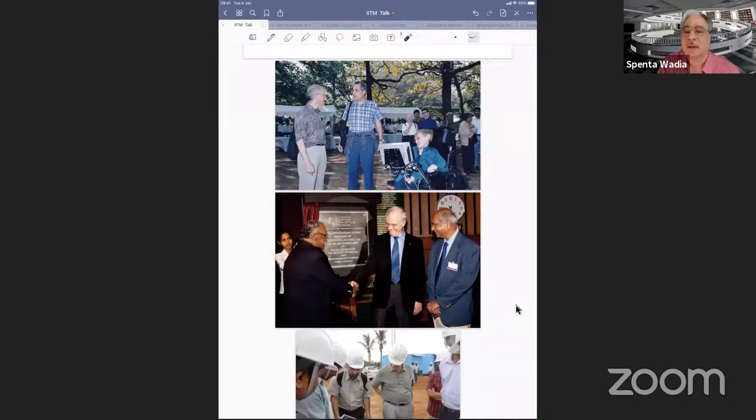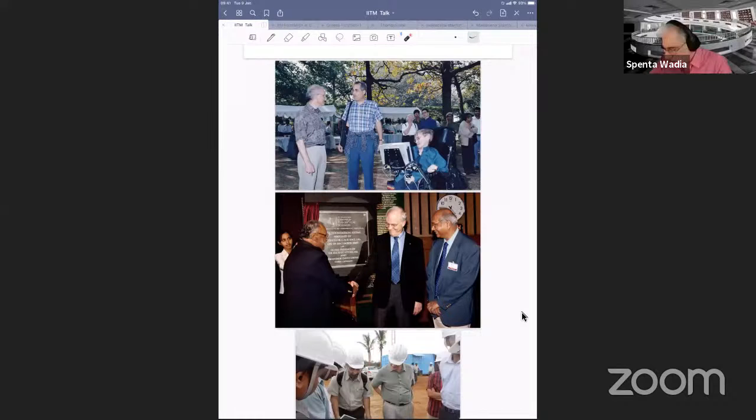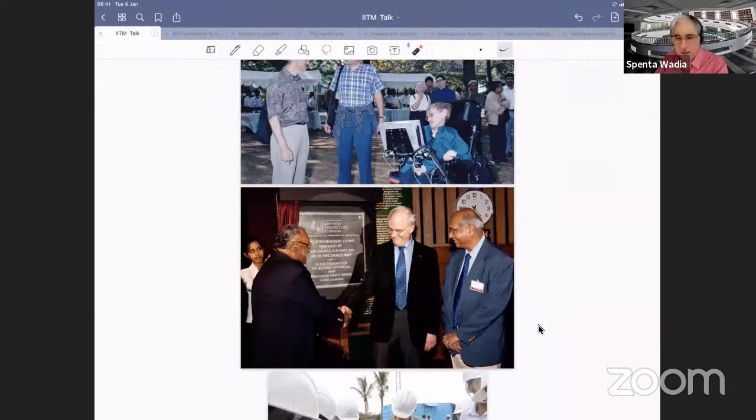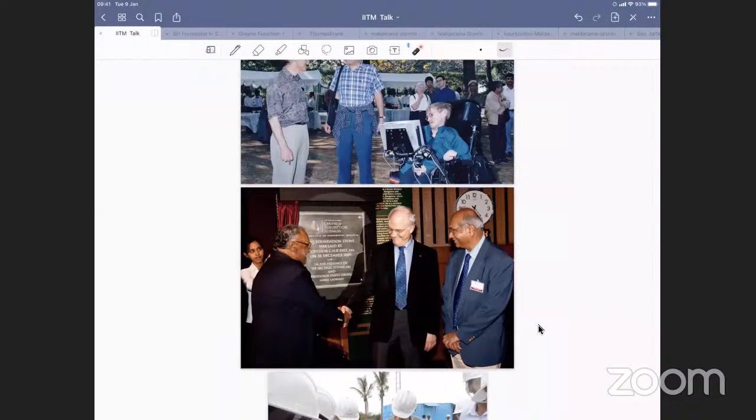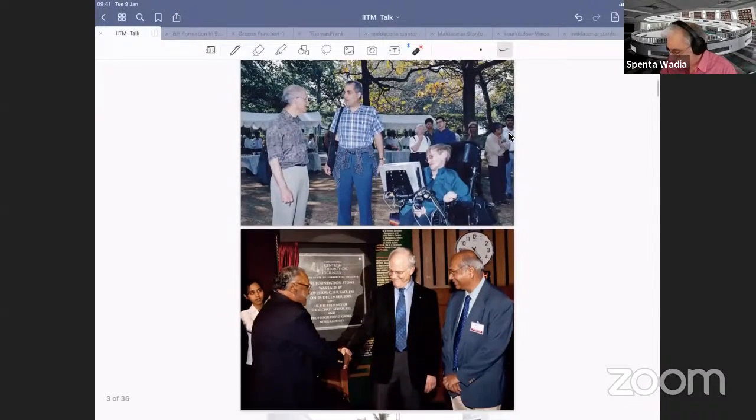No, it's still the same. You just choose the full width, or if you turn it over to landscape, it may do it automatically. Or Spenta, just use your hand and expand it. Yeah, this is better. Much better. All right.